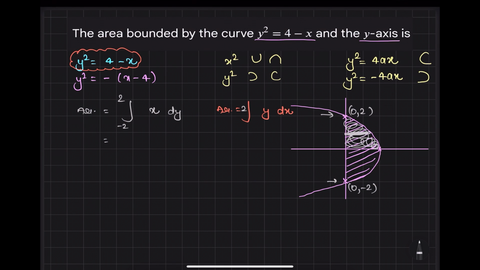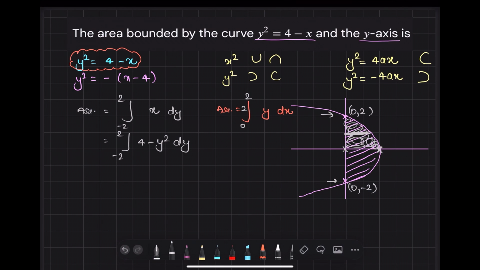So it is 2 times from 0 to this point. Here y is 0, so if y is 0, x will become 2. Now look at this. Integration from -2 to 2 of x. If you focus on x, you will have 4 minus y square dy.